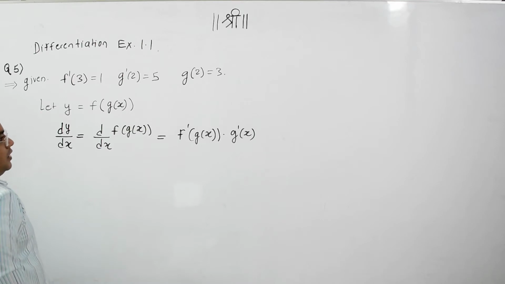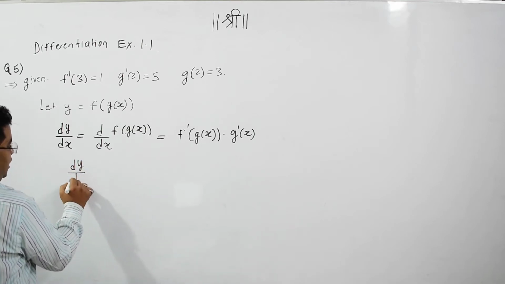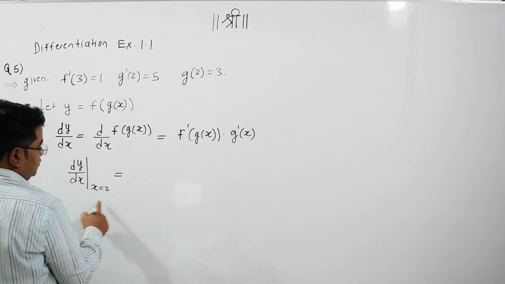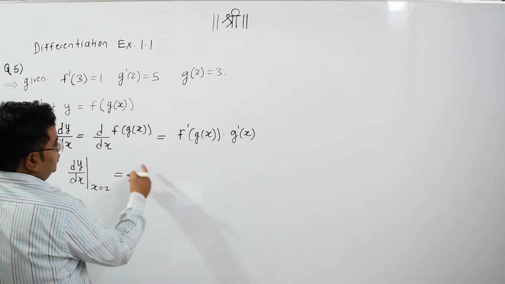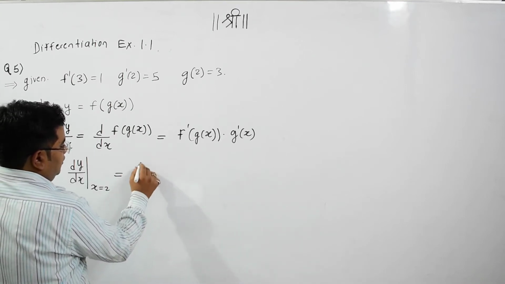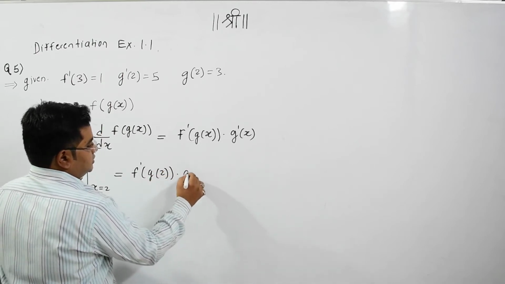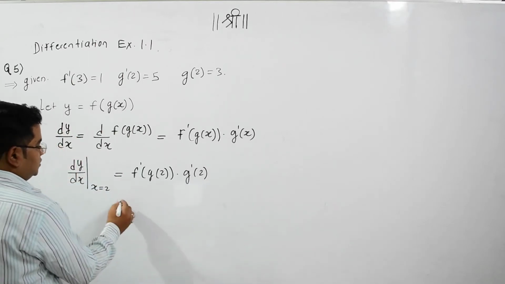Now next step. What is that? dy upon dx at x is equal to 2. So what we need to do? We need to substitute the values. So f dash of g of 2 dot g dash of 2. Okay, focus. This is fundamental.